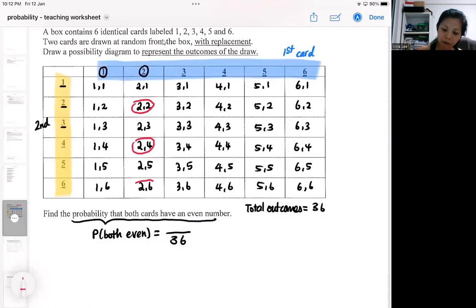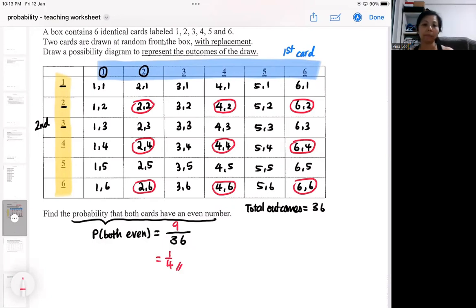You can circle the outcomes to facilitate your counting. If you count, there are 9 outcomes of both even numbers out of 36. So the probability will be 1/4.